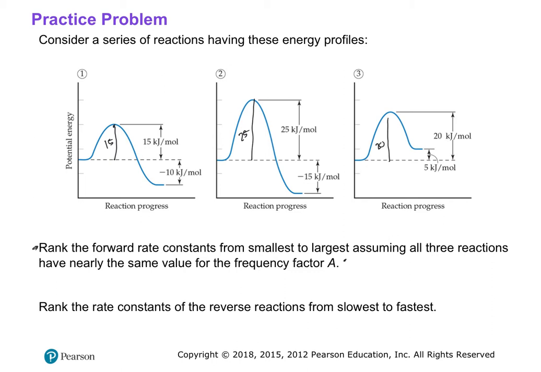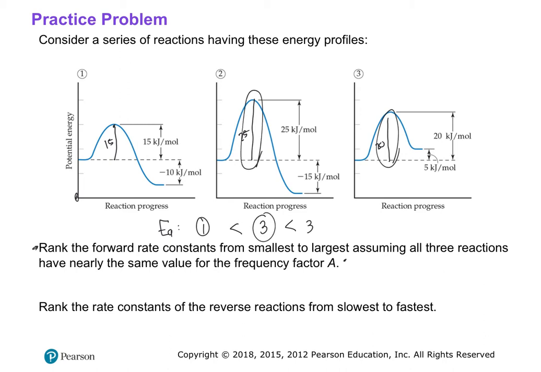So fast means a low bump. Who has the lowest bump? Reaction 1 has the smallest activation energy. So if I rank by activation energy, the lowest will be reaction 1, and then reaction 3, and then reaction 2 has the largest.